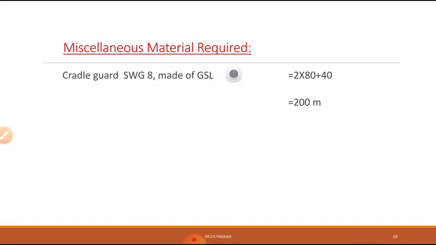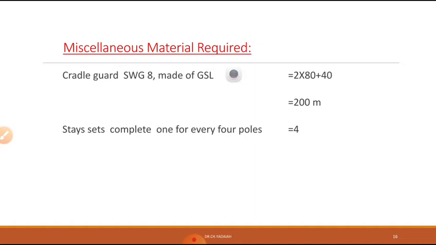If there is a possibility of crossing a road, we can use a cradle guard. For one pole with an 80 meter span, 2 into 2 wires are required, 80 meters plus 40, and with 3% waste, 200 meters is enough to make a cradle.